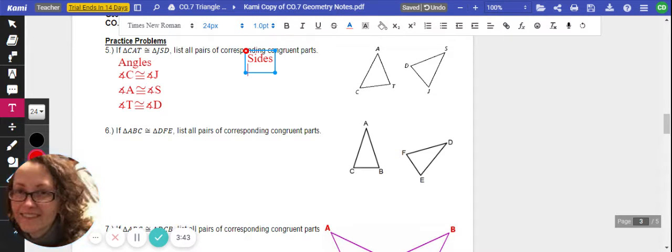So I'm going to look at my notation here, and instead of one letter for my angles, I now need two.